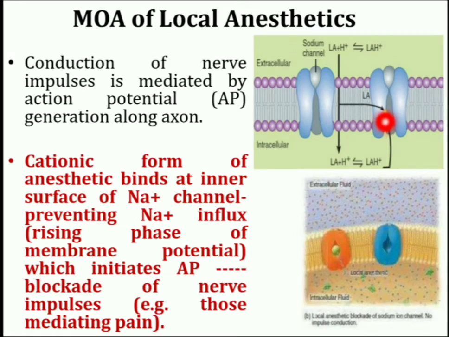When the local anesthetic binds, it blocks sodium ion passage into the cell and thus blocks the formation and propagation of the action potential. This blocks the message of pain or even touch from getting to the brain.